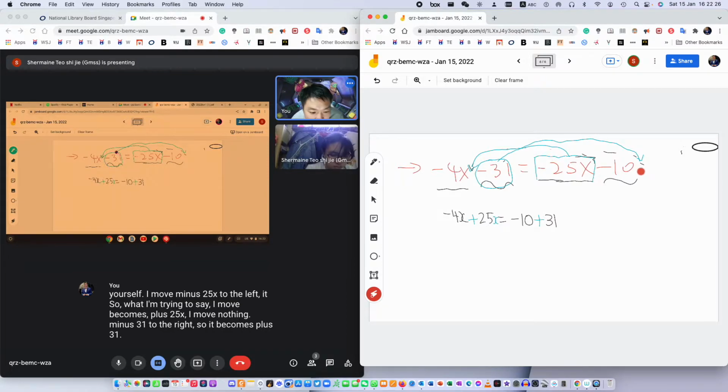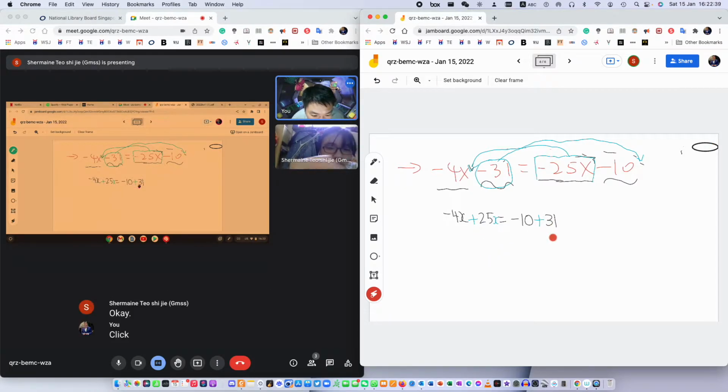You don't have to verbalize it loudly during your exam, but you can verbalize it to yourself, so you will not make silly mistakes like this. Are you clear? Okay, continue. If you cannot use mental, use calculator, okay?